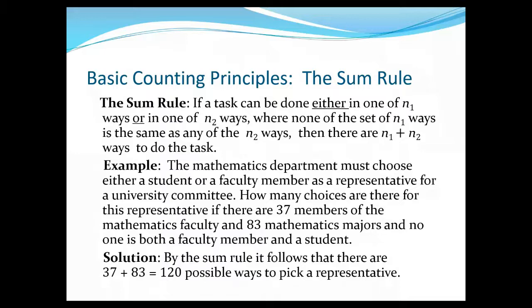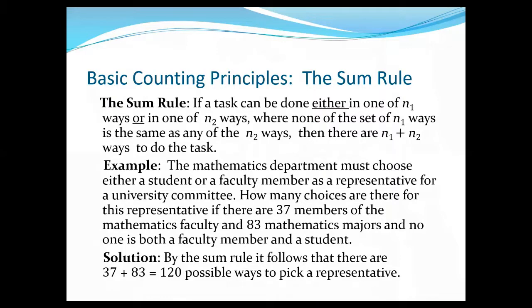We have n sub 1 different ways and n sub 2 different ways, so we could add the number of ways and have the total number of ways for that problem.